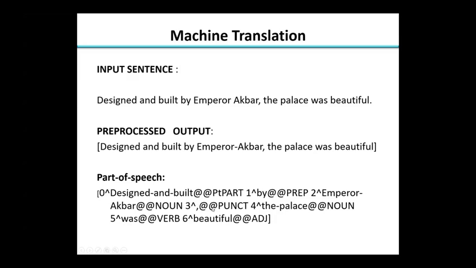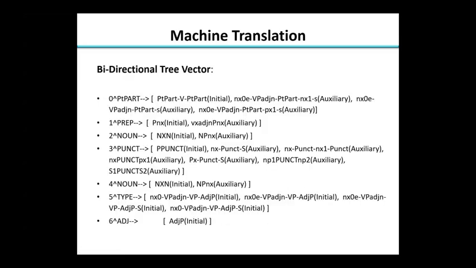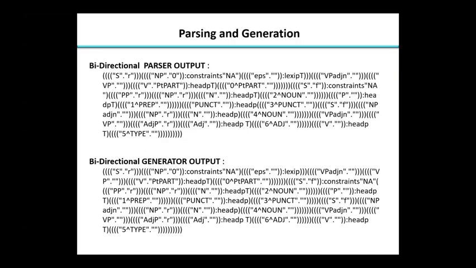We capture all these, and after that we create the tree vector. For every token we provide the number of trees shortlisted, and after that we do the parsing, and we have also done generation.